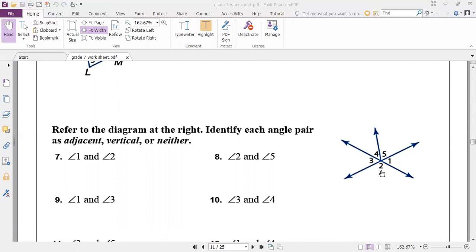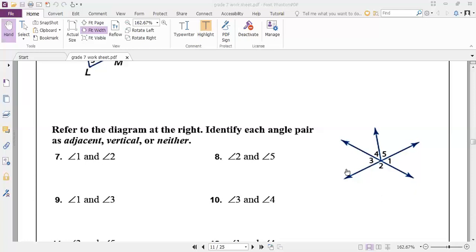Why can we call them adjacent? The two angles are adjacent because we have a common side, this side, and a common vertex, and the outer arms are in different directions.